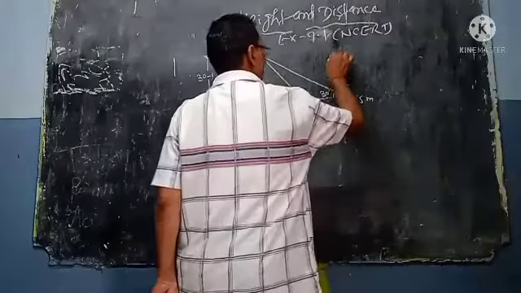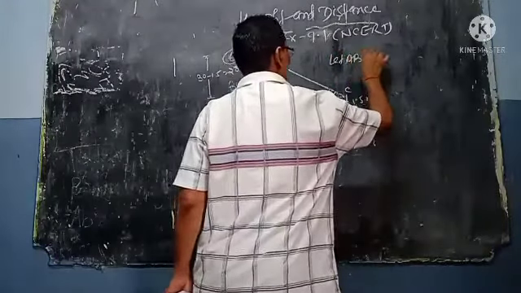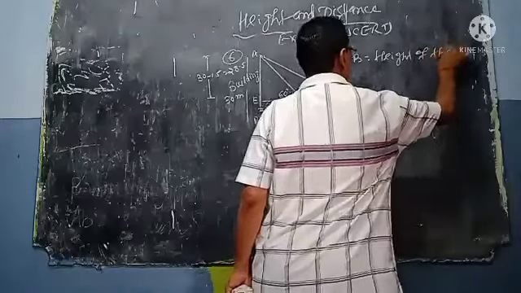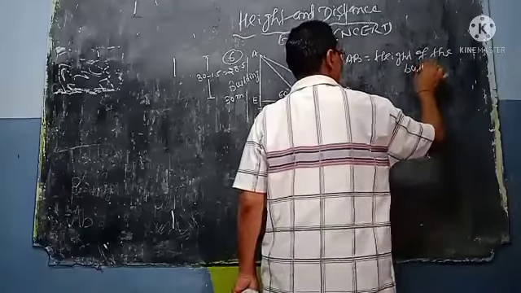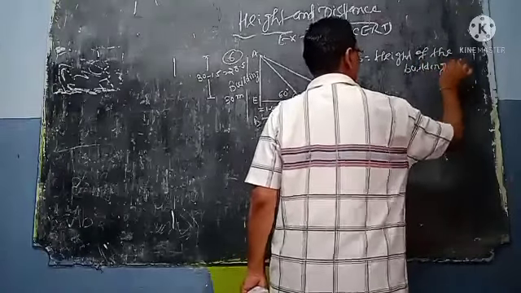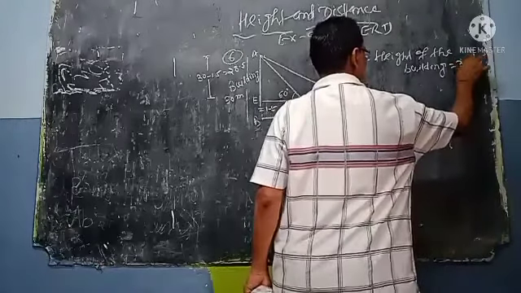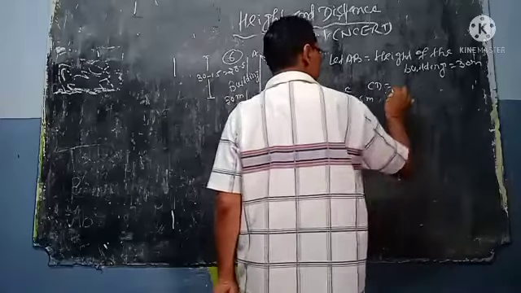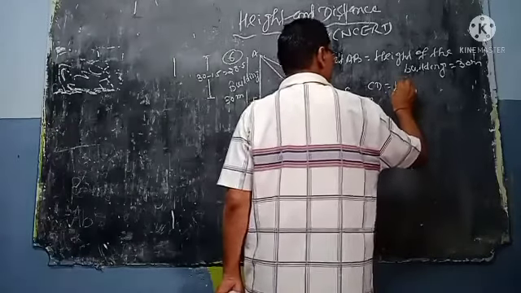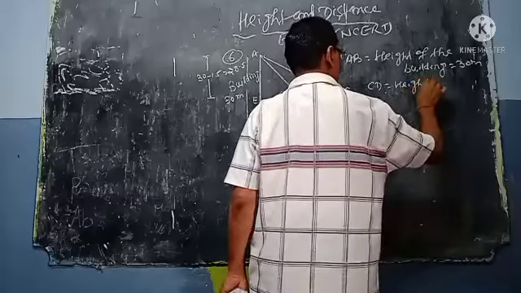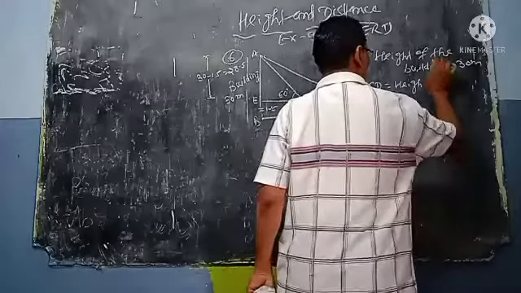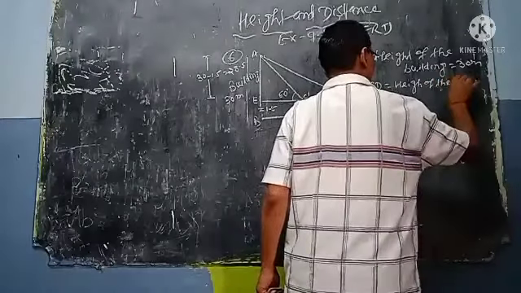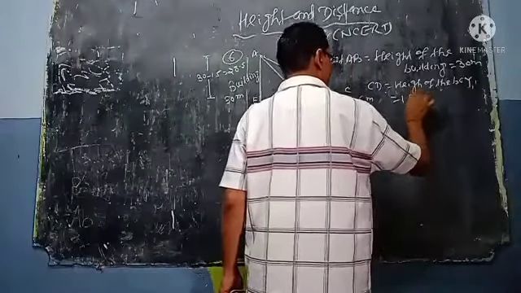Now suppose, write down please, let AB equal the height of the building, and that is given as 30 meters. CD is the height of the boy, and that is given as 1.5 meters.